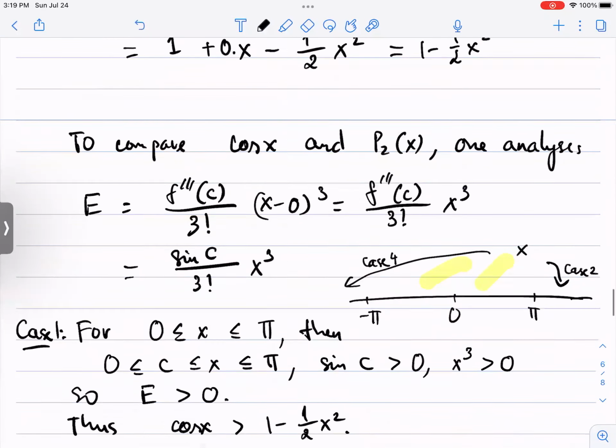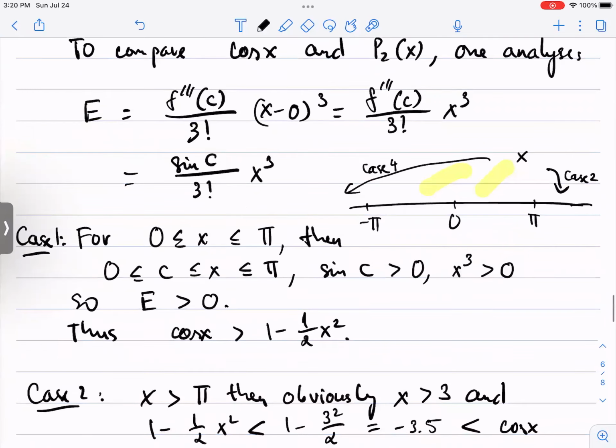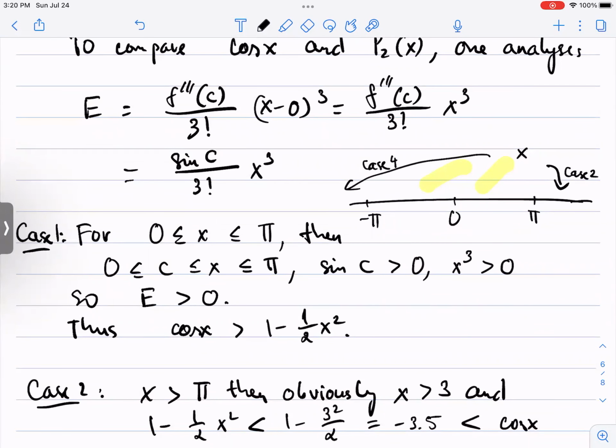To compare the function with the Taylor polynomial, we need to analyze the error term, which is the third derivative evaluated at some point c divided by 3 factorial multiplied with x minus 0 to the 3, which reduces to sine of c divided by 3 factorial times x to the cube.